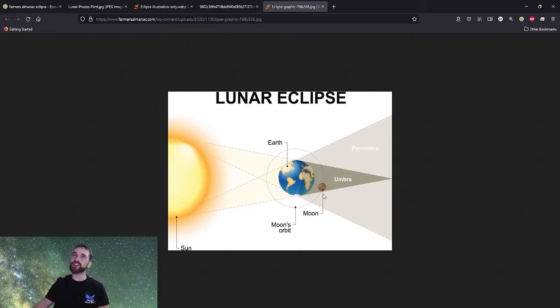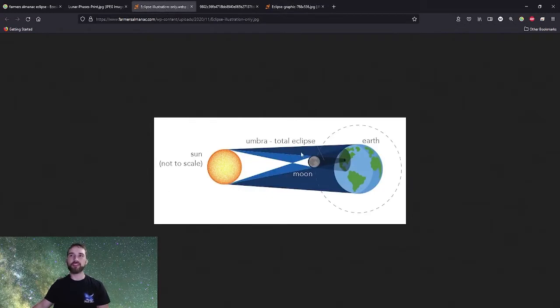What happens during a new moon? Well, you may have guessed, a solar eclipse, where the moon lines up perfectly between the sun and the earth, and that creates a solar eclipse. So only a part of the earth is in the moon's shadow because the moon is, of course, smaller than the earth, whereas the earth is larger than the moon.